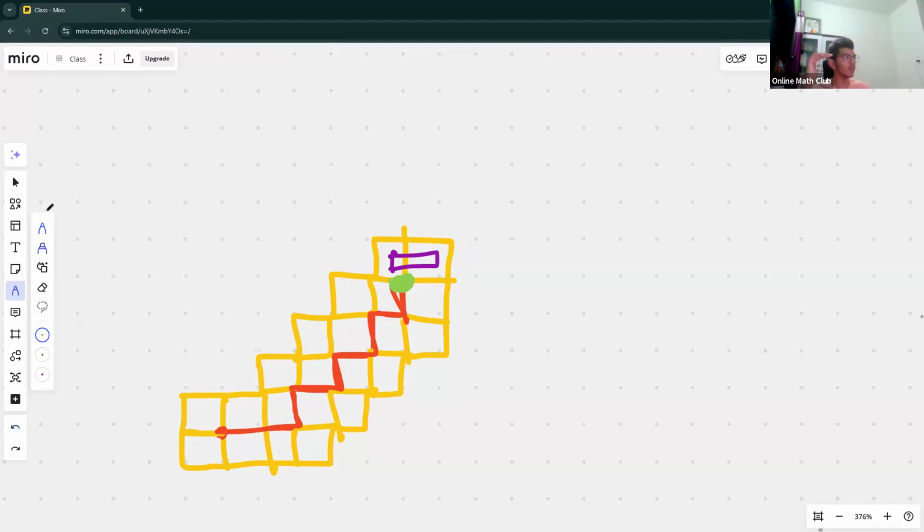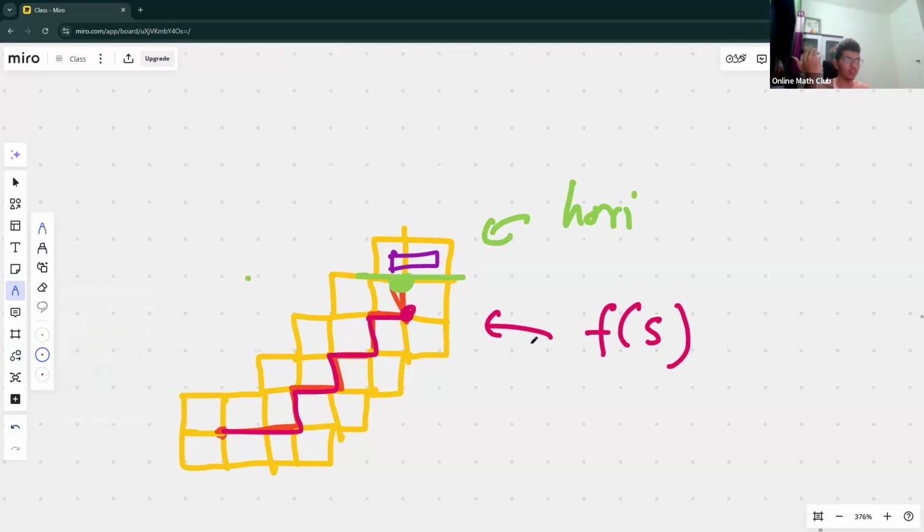So if you place something horizontally, and the number of ways to do it for just this worm till here is, suppose, f of s.